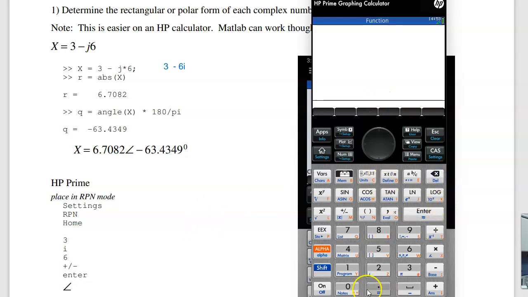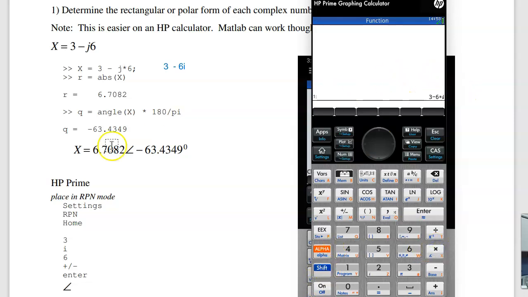To input a complex number, there's this i. So if I do 3, i, negative 6, there's the number. Let's push that on the stack. So there's 3 minus 6i. To convert to polar form, that's this key right here. That is 6.7 at minus 63 degrees.